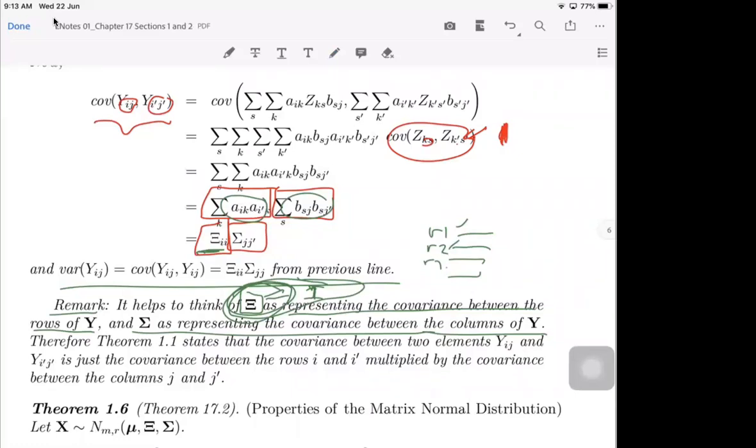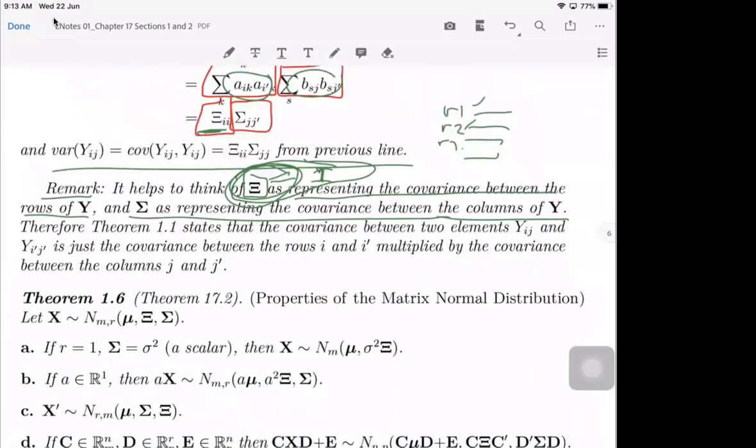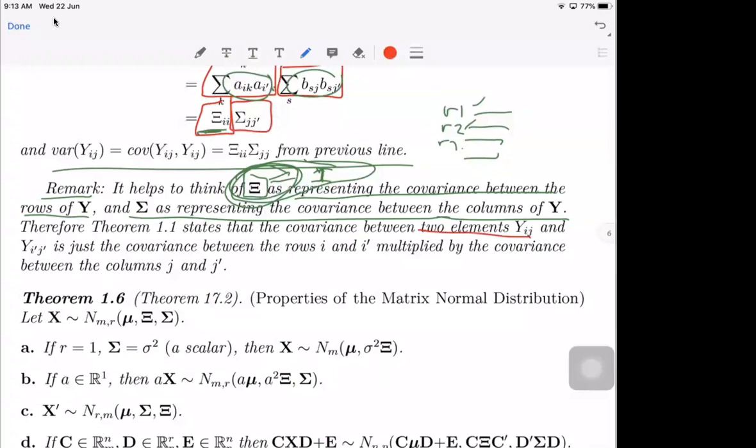So therefore, the theorem that we have earlier states that the covariance between two elements Yij and Yi prime j prime is just the covariance between rows i and i prime multiplied by the covariance of columns j and j prime.